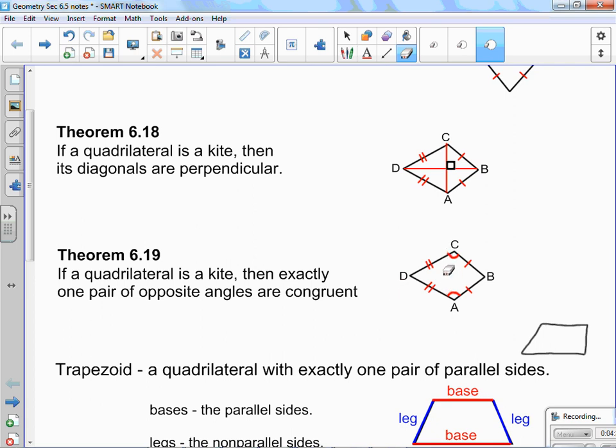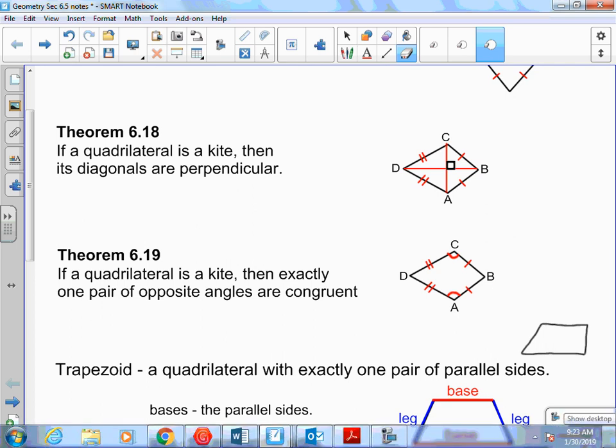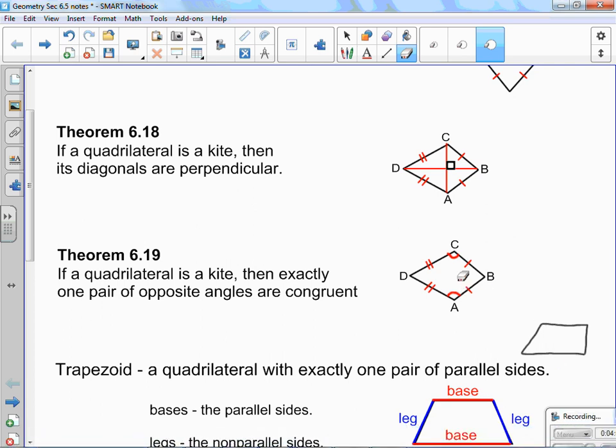And those angles that are going to be congruent are going to be the opposite angles where the 2 different side lengths meet. All right, so you got a pair of congruent sides on this end, a pair of congruent sides on this end. Where those 2 different side lengths meet is going to be where the congruent angles are at.